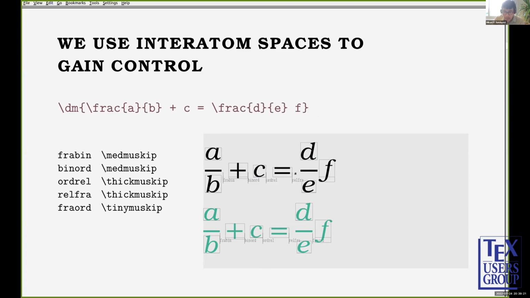Previously, the space between the fraction and the f in this case was taken care of by this null delimiter space. Now it's not. Now there is a space here. And I have written down here which spaces are present in this formula.